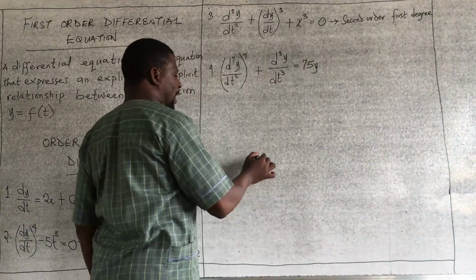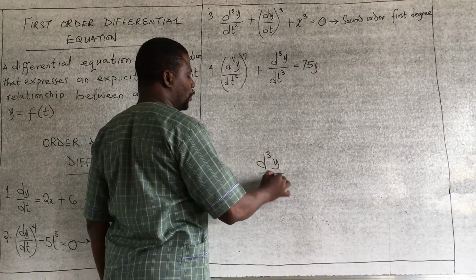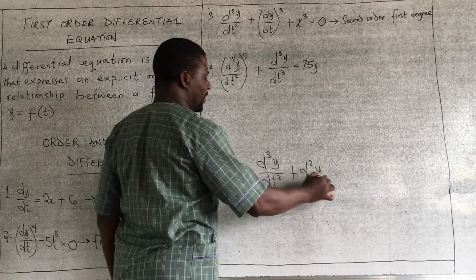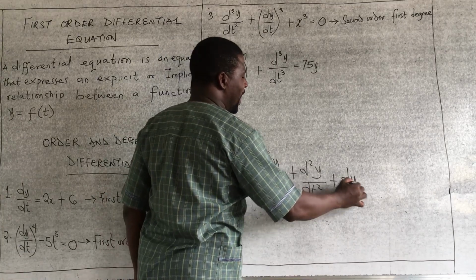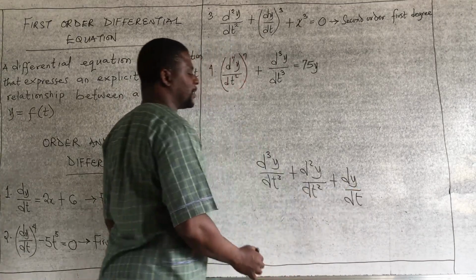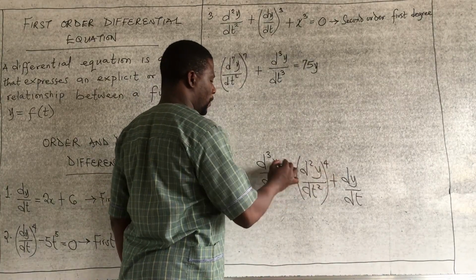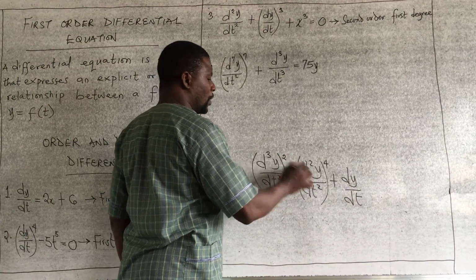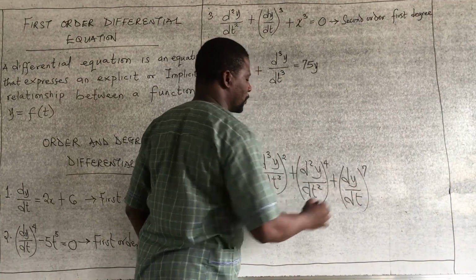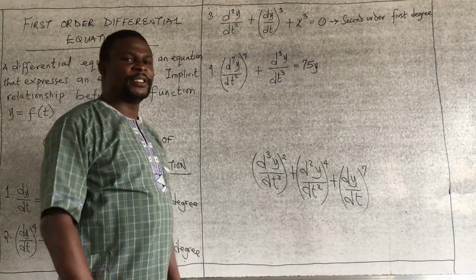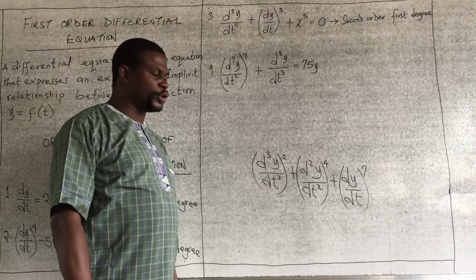Now what I'm saying is that, for example, if I have the cube y dt cube plus the square y dt squared plus dy dt, look at something like this. Now this one carries 4, this one carries 2, and this one carries 7, for example. They say I should determine the order and the degree of this differential equation.